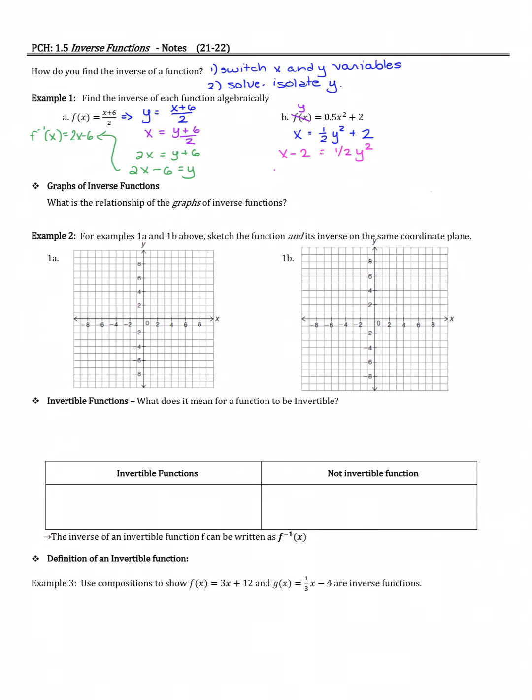Then we multiply this side by 2, so this all goes into parentheses. And when I take the square root of both sides, I have to put a plus or minus in front, and that will then equal my y.